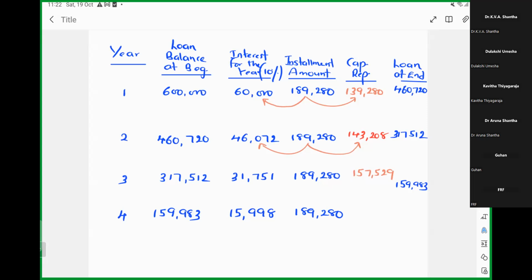Now here we have made a mistake. Capital repayment in the first year should be 129,000. So we have made a mistake in the capital repayment in the first year.